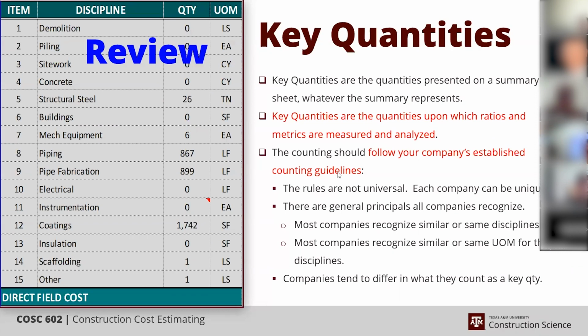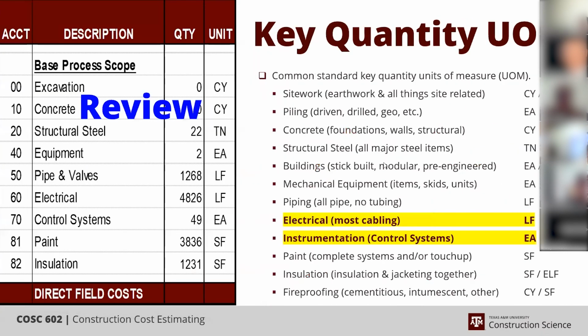There will be some discussion deeper into the weeds later about that topic, because in E&I, there's a lot of things that are counted and a lot of things that are not counted, but need to be included within the discipline whenever you're estimating your costs.